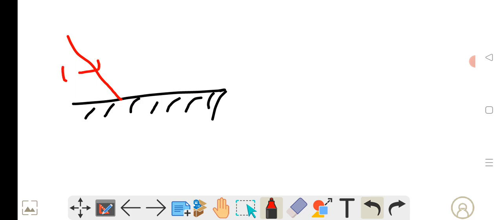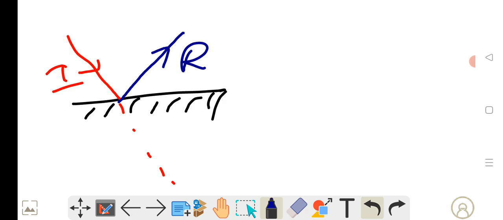Now see here, I am drawing the diagram once again. If this is the incident ray, it has to go like this. Due to the mirror, what is happening? Instead of going straight, it is reflecting at the point of incidence, bouncing back, and you have the normal also here. Without the normal, you are not able to mark the incident angle and reflecting angle.